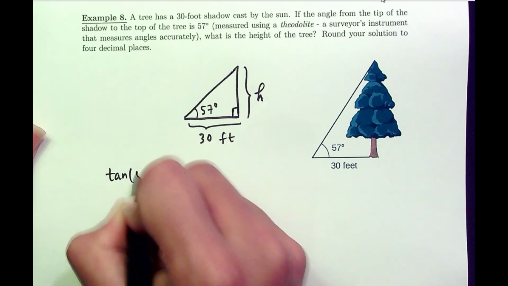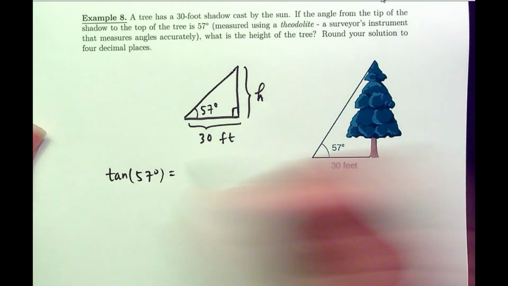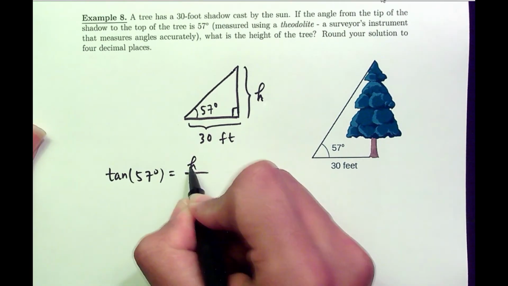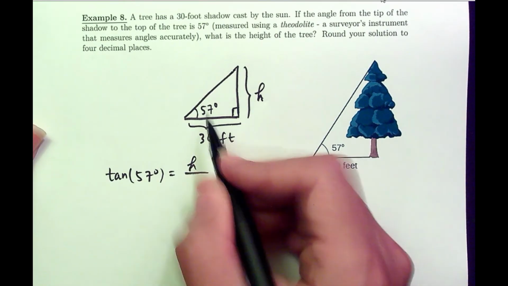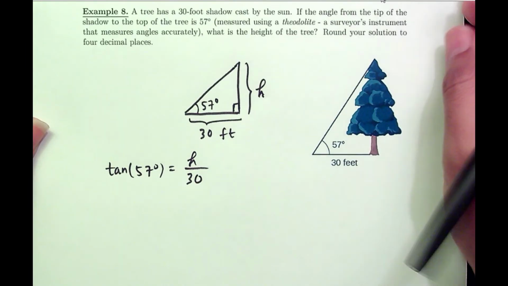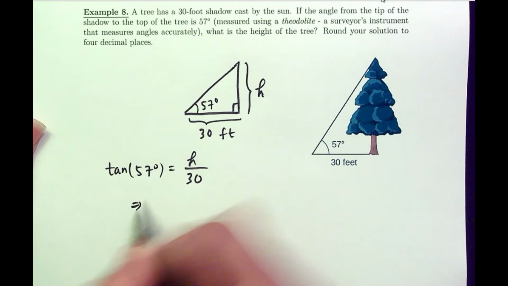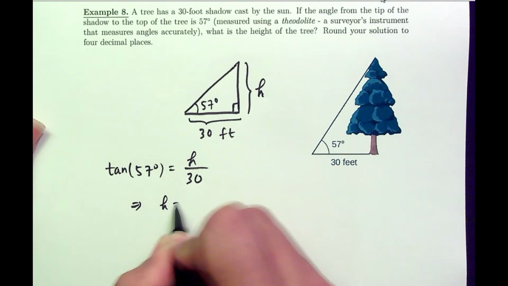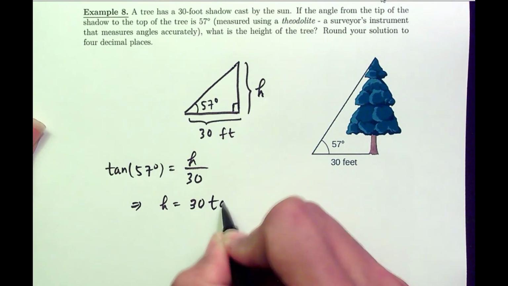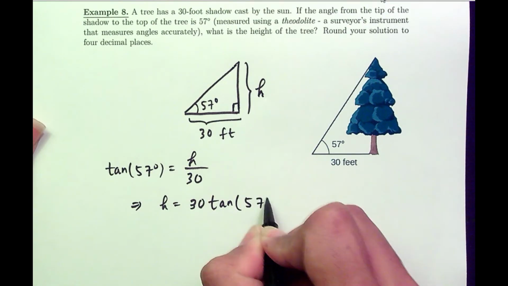Tangent of 57 degrees is the opposite side of the angle over the adjacent, so h over 30. Now multiplying by 30, we get h. h is 30 times the tangent of 57 degrees.